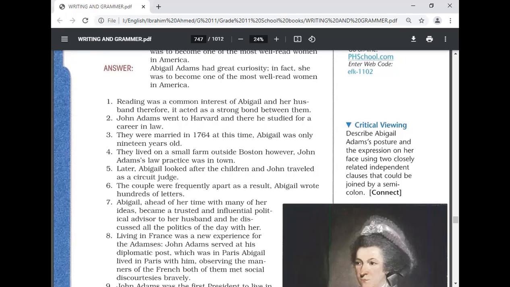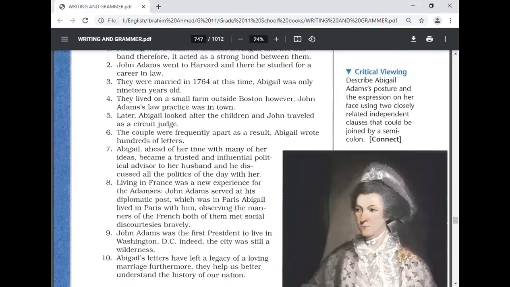Number 3, they were married in 1764. At this time, this is a transitional expression, so we need a semicolon after the year 1764, and we already have the comma after the word time.